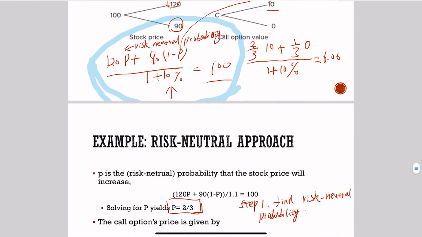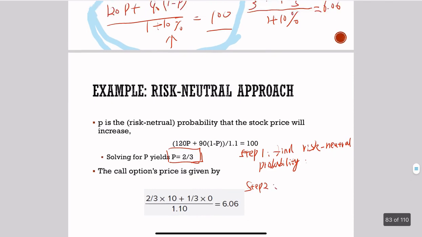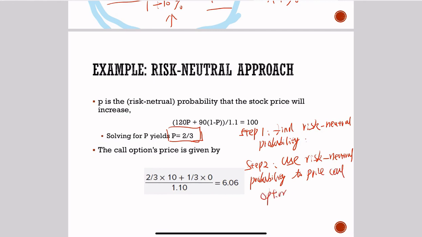The second step is you will use the risk neutral probability to price your call option. Now, how do you price this?